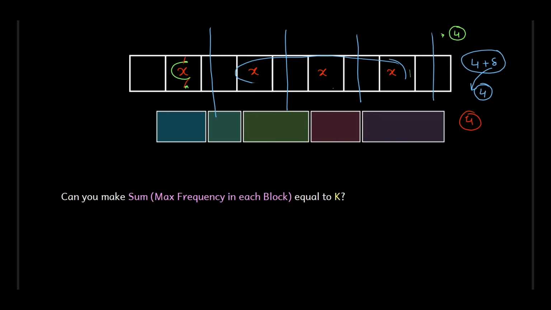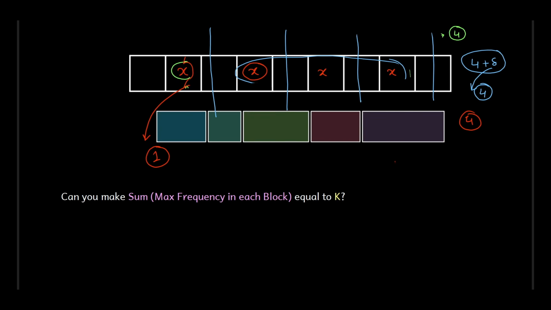Even when you have isolated all the x's, each x will compete in its own block, and the total number of blocks you will have to create to isolate each x will be equal to the frequency of x, which is the element that appears the most number of times.